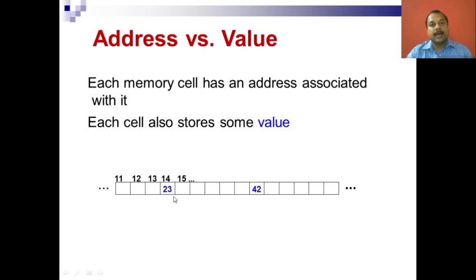Now if I have a separate memory location, in that memory location I will store this address 14. Now look, from the content point of view, 23 is very similar to 14, whereas 23 is an integer value and 14 is an address. But looking at the data or the content only, 23 is the same as 14.